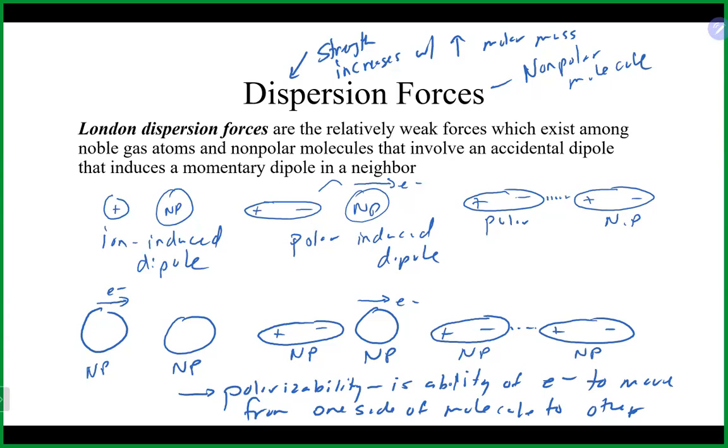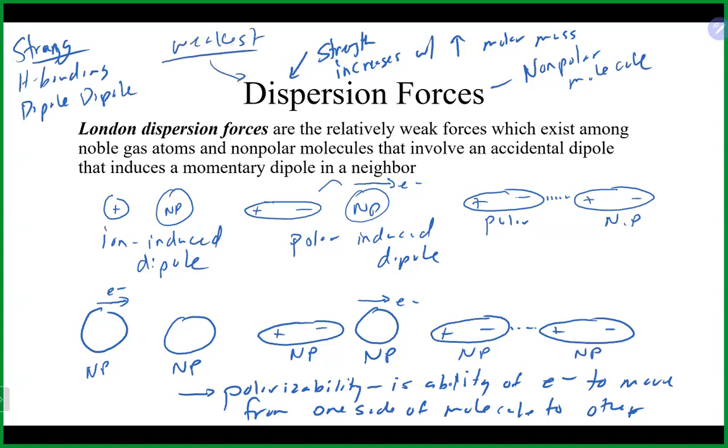Any questions on that? So in terms of the strength of these intermolecular forces, the strongest that you could have is hydrogen bonding, followed by dipole, and the weakest of all of them is dispersion forces.